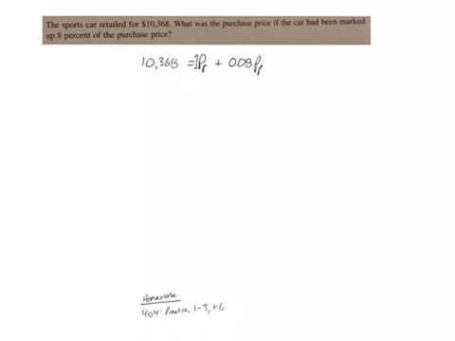So again, I have 1 here and 0.08. So I have 10,368 is equal to 1.08, right? 1 plus 0.08 is just 1.08, times the purchase price. It's multiplying, so the opposite is divide.